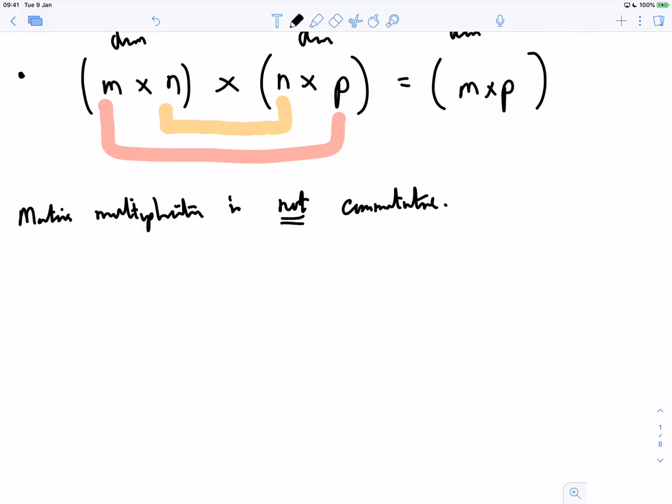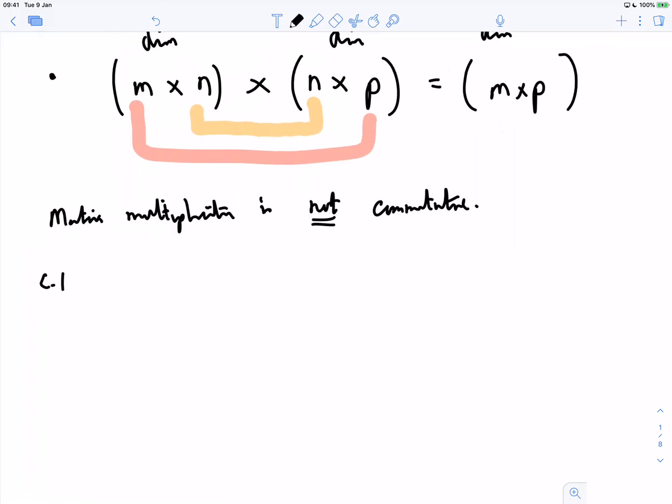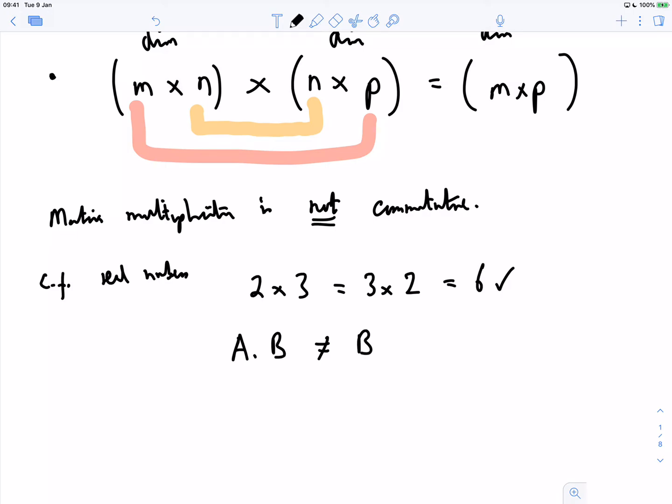Well, if I compare this to real numbers, if I ask you to do 2 times 3, that's the same as 3 times 2, and we're happy with the answer of 6. However, if I've got the matrix A and I multiply it by the matrix B, that is not necessarily the same as the matrix B times the matrix A. It's not commutative. The order in which you multiply things absolutely matters.